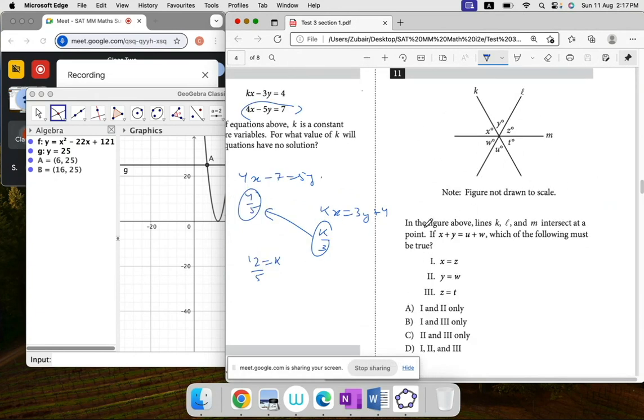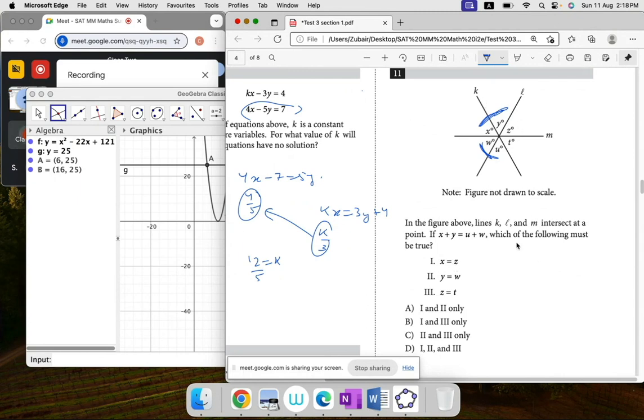Figure not drawn to scale. In the figure above, lines K, L, M, N intersect at the point where x plus y is equal to u plus w. These two added is equal to these two added. Which of the following must be true? X is equal to z? Not necessarily.